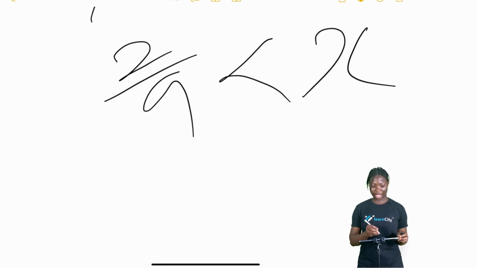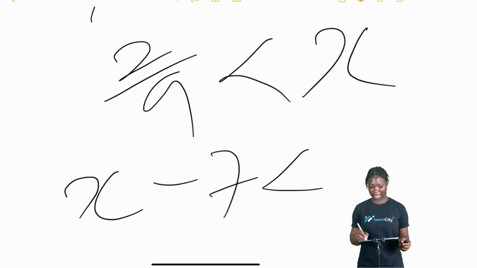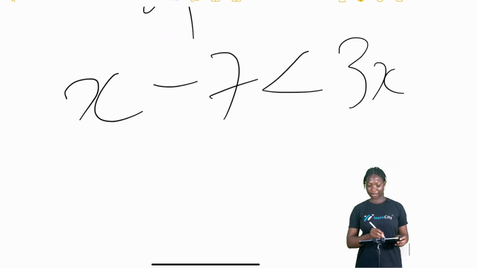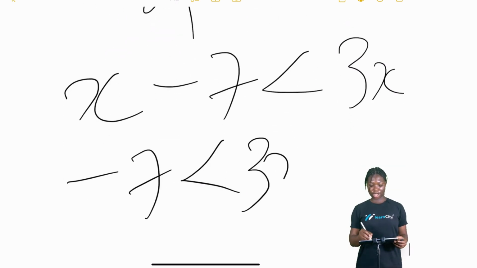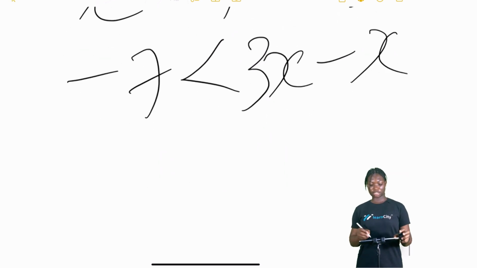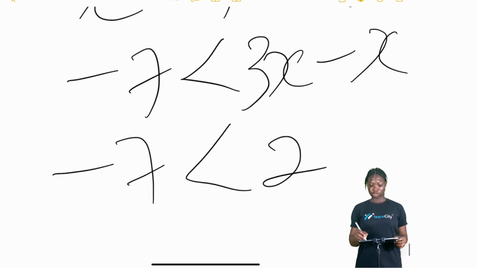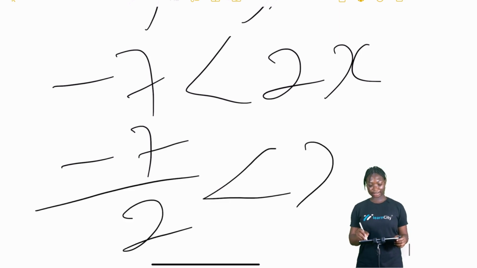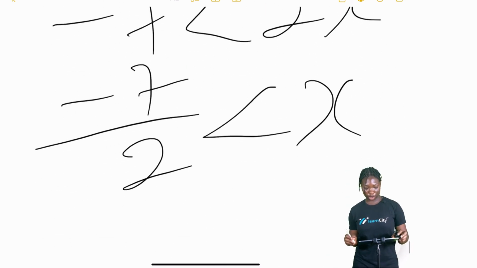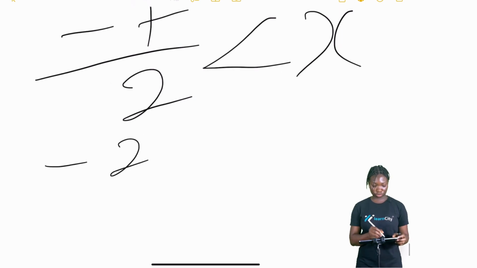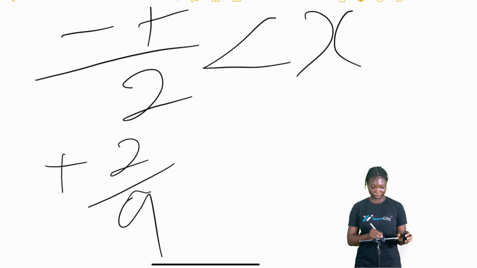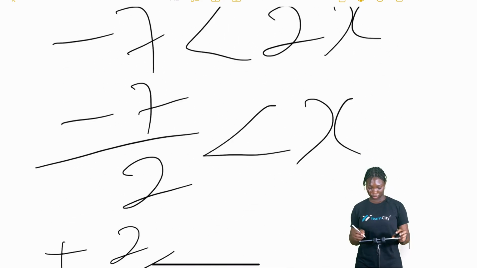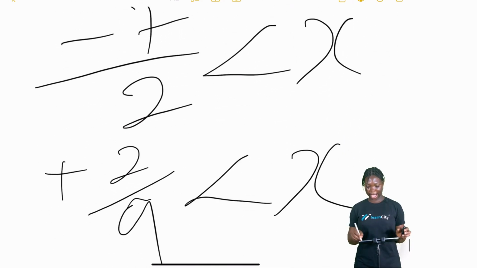Now for the second one, we have x minus 7 less than 3x. So we have -7 less than 3x minus x, so -7 less than 2x. So we have -7 over 2 less than x. For the first one, we have 2 over 9 less than x.